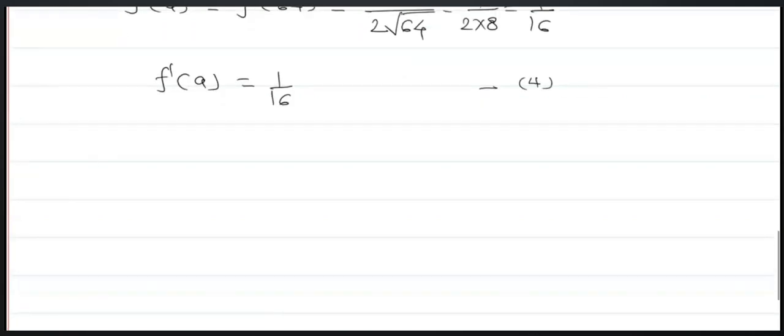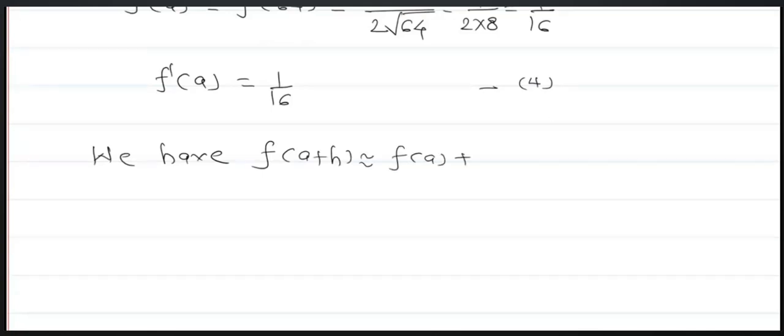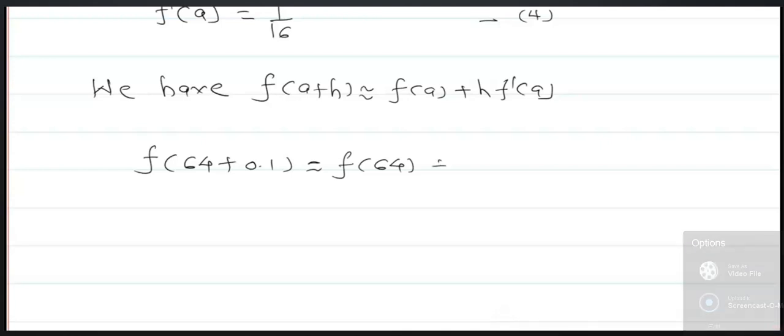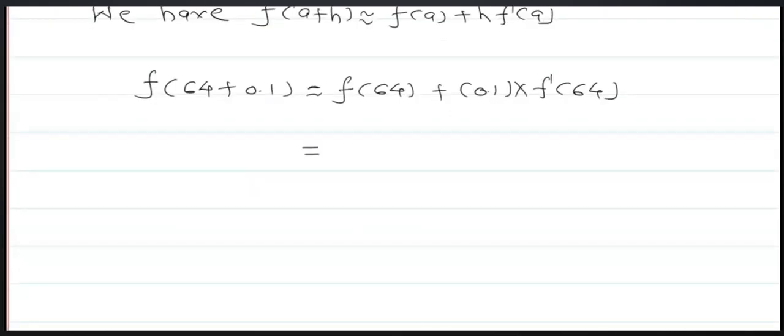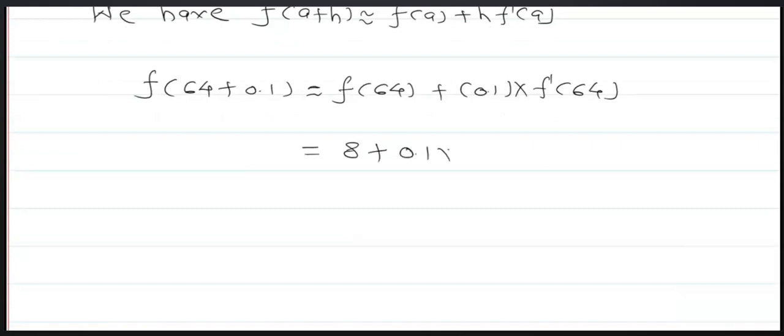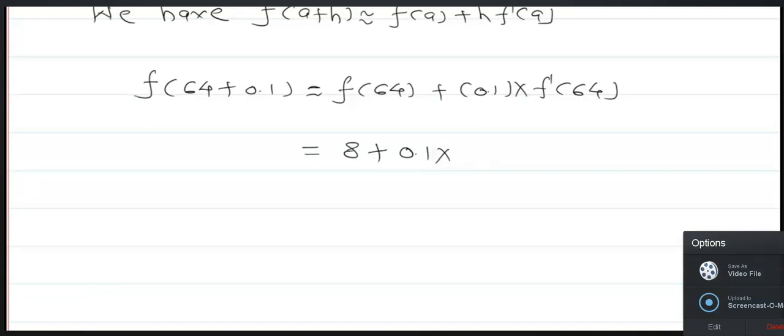This is 4. Now we'll substitute the values. Now we have f of a plus h is approximately equal to f of a plus h into f dash of a. And that is, f of 64.1 is equal to f of 64 plus h into f dash of 64, that is 0.1 into f dash of 64. What is f of 64? F of 64 is 8, plus 0.1 into f dash of 64.